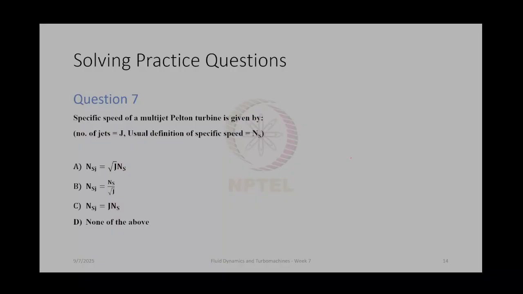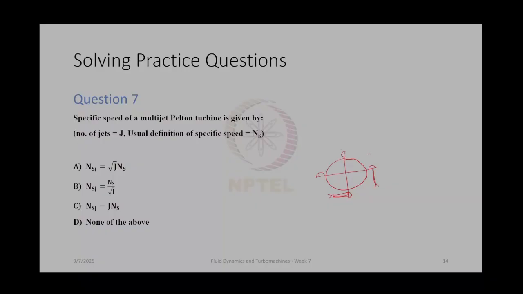So when instead of one, multiple jets are used, let's say I have a Pelton wheel like this with multiple buckets here. I have one nozzle working like this, another one like this.